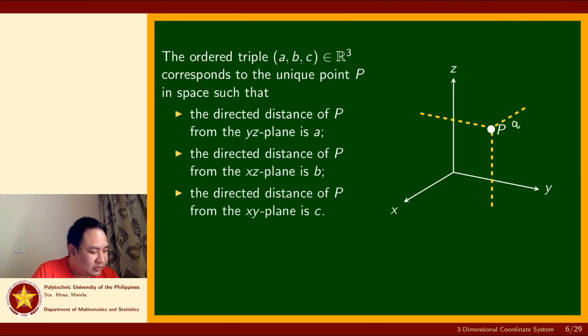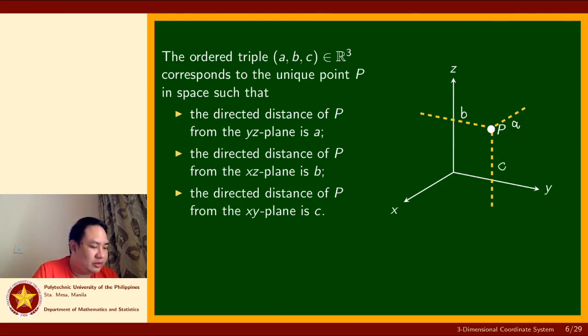Next, the directed distance of P from the xz plane, as shown, must be the number b. Then the directed distance of P from the xy plane should be the number c.